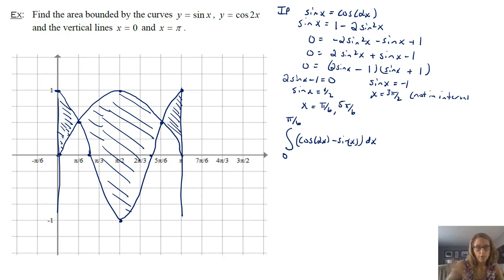I know it doesn't look perfect, but think about the fact that these are all periodic. So we could just do this, and that will give us the area of this piece and the area of this piece. And then we're going to add to that what we get when we do from pi over 6 to 5 pi over 6.